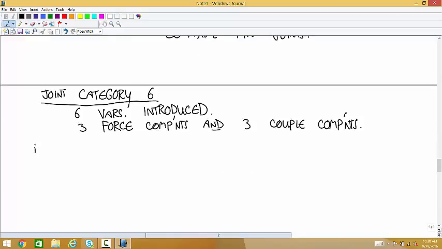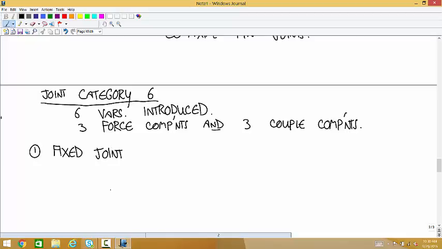The joint in this category is a fixed joint, or sometimes it's called a weld joint, but anything where the thing is just stuck in place has no ability to move.